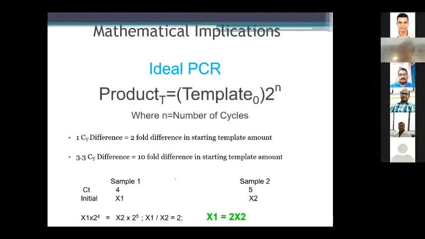So a 2-fold difference in the starting template amount ultimately gives a 10-fold difference in the starting template amount. But in normal PCR, there is no difference at the end of the cycle.